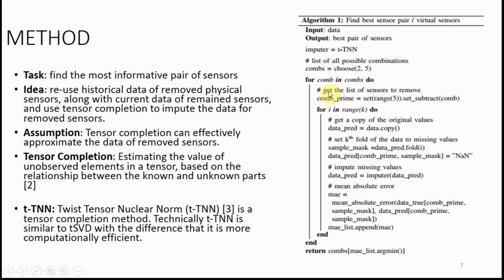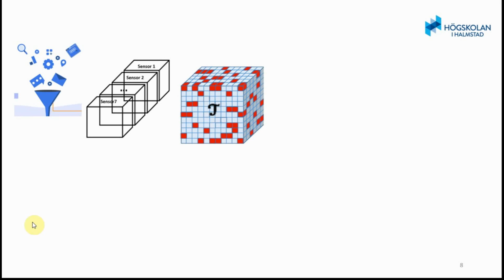The imputer is TTNN, and we list all possible combinations, choosing two sensors out of five, and for each combination we use this approach. We keep the data of two sensors, and for the remaining sensors we use a k-fold approach.